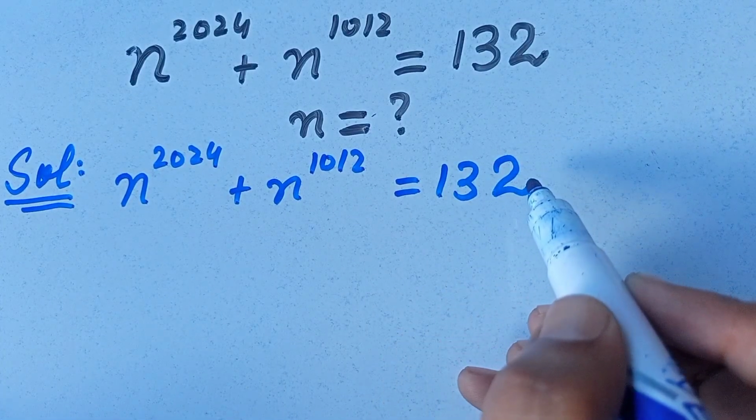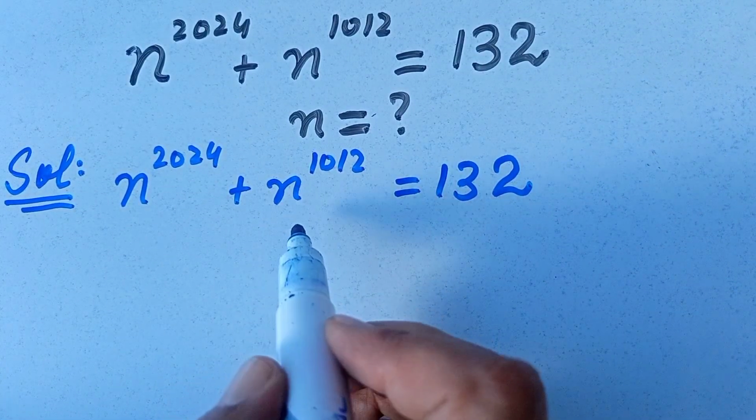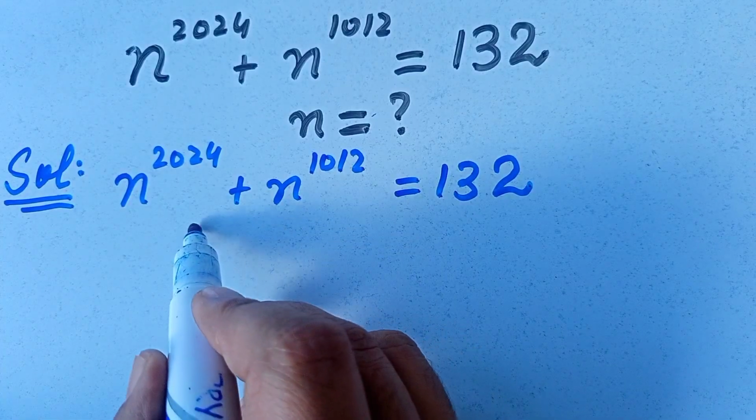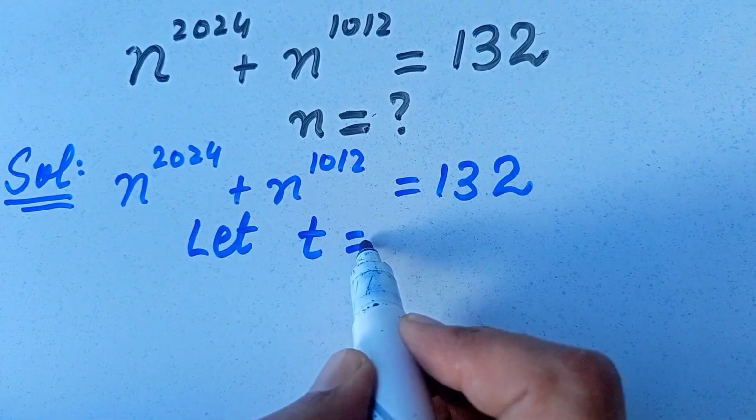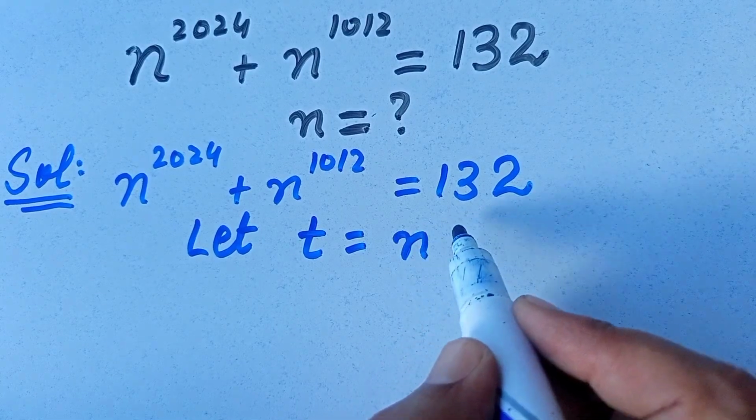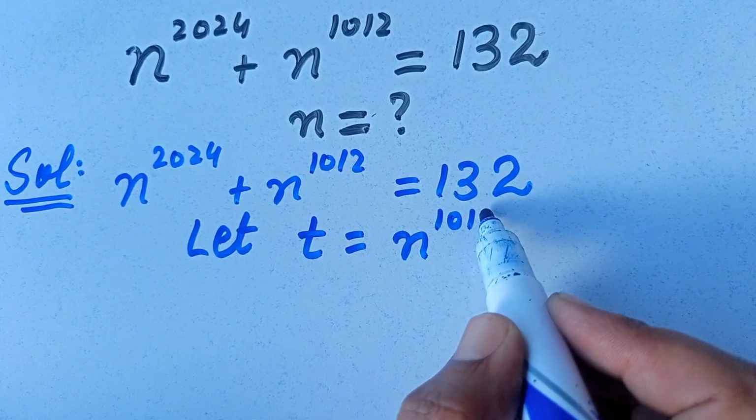Let's start the solution. We will apply the substitution method. Let t equal n^1012.